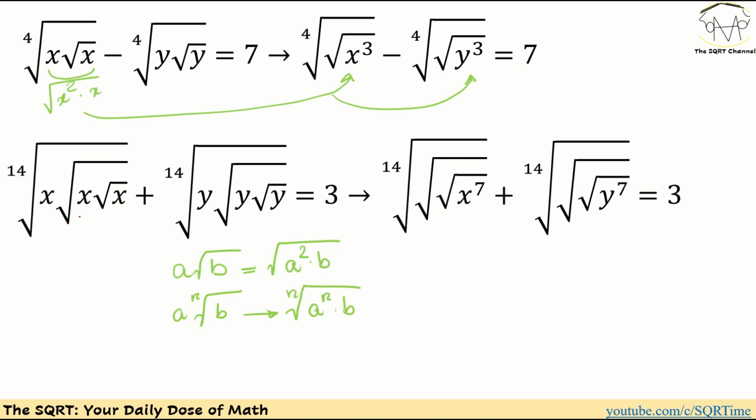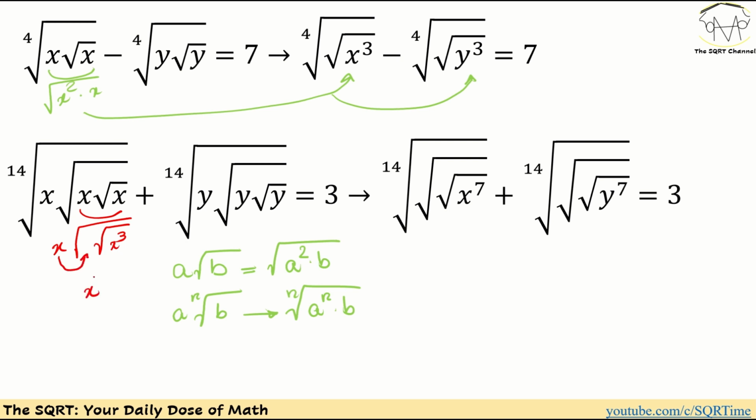Here things are a little bit more complicated. So first of all, let's focus on this. We are going to use the same approach. This is going to be x cubed, and then we have another radical, and then we have x. First we need to move this x inside.